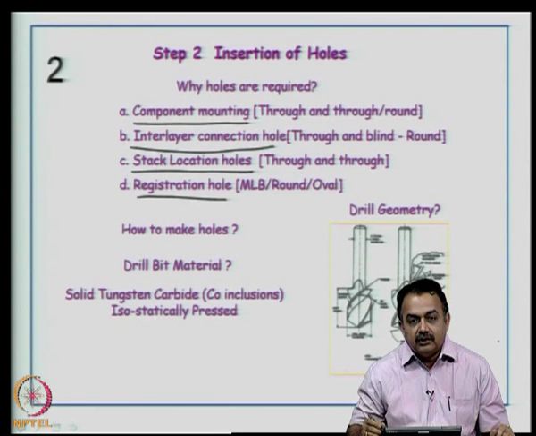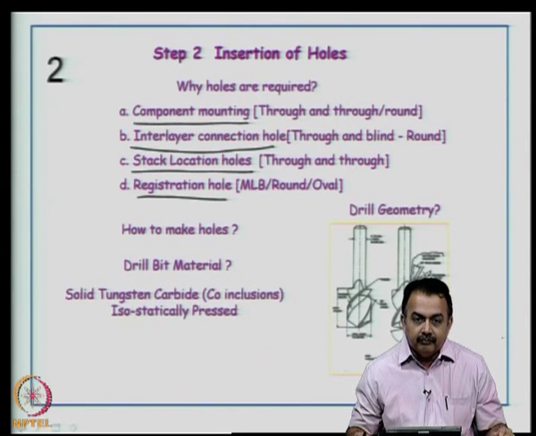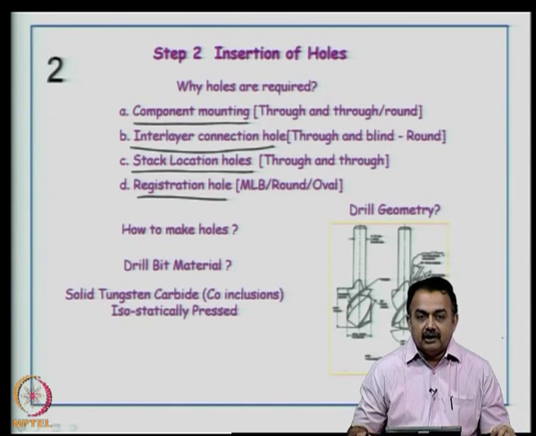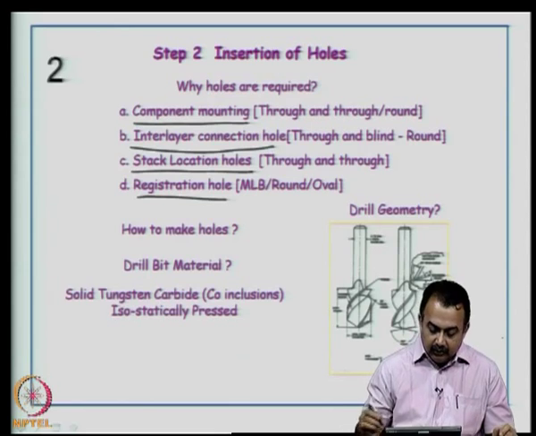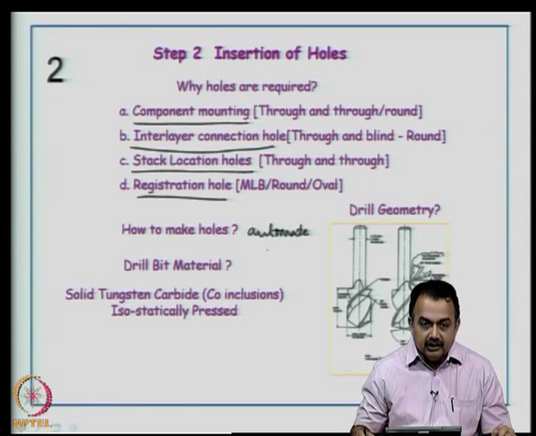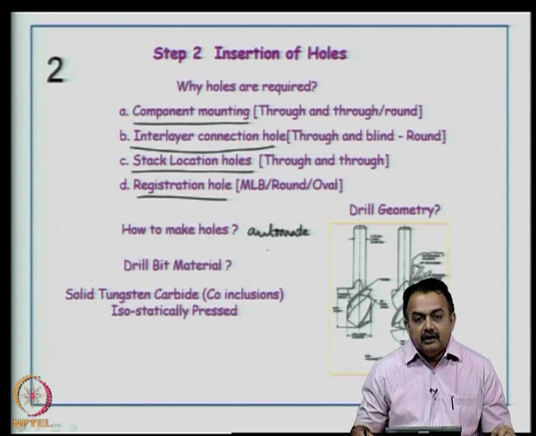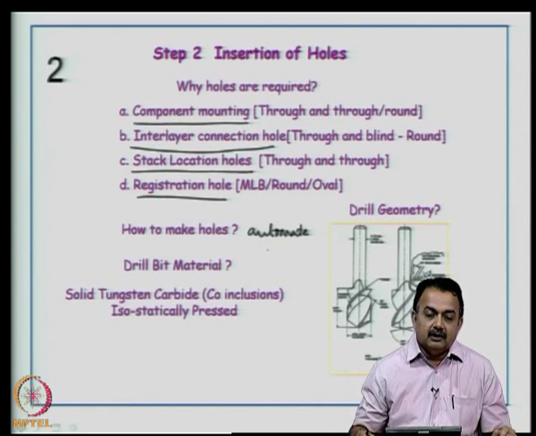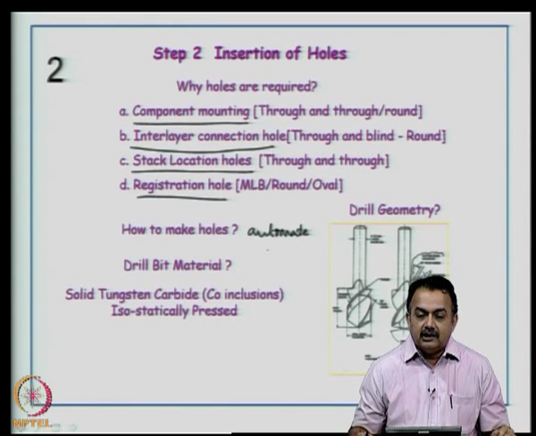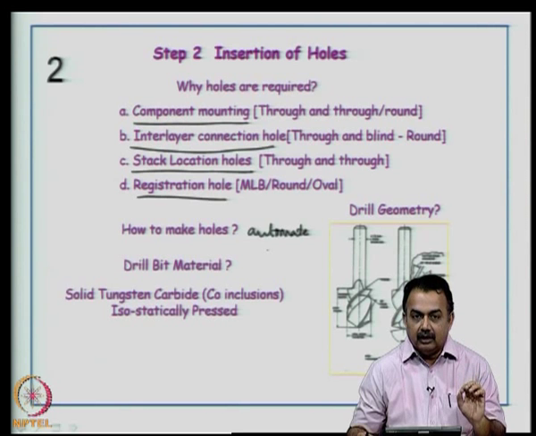How do you make holes? You have to use a drilling machine. Typically, for prototyping you can use a manual drilling machine, but in a large volume production you have to automate it. So, you have to use CNC drilling machines, and in some cases companies invest a lot of money on having multiple CNC drilling machines, because as you will understand, drilling can be a bottleneck.